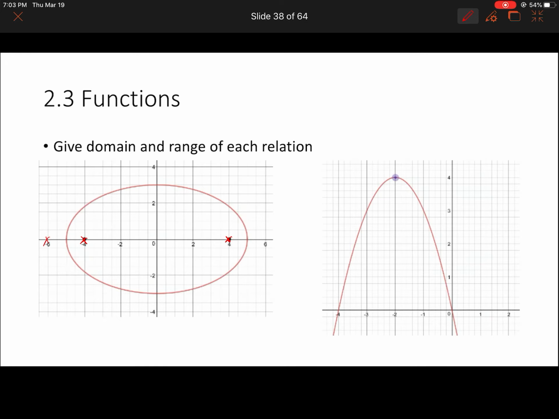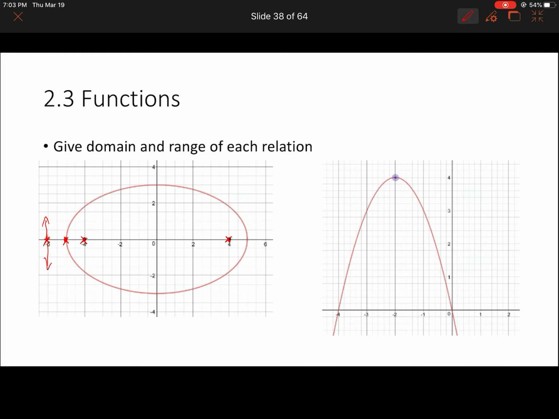If we were to start, let's say, at -6, our question is, is there an order pair on that graph with an x value of -6? Well, if you go to where x is -6 at this point, and then you were to go up and you were to go down, you're not going to find a point on that graph. And so there is no x value of -6.